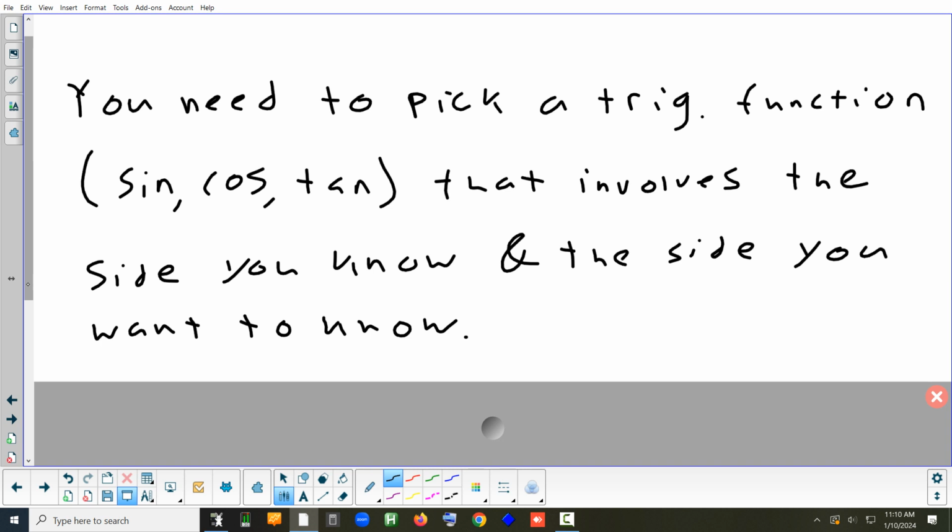If you know the opposite and you're trying to find the hypotenuse, which trig function has opposite and hypotenuse in it? Sine. So the way you figure out which one to use, you look at your diagram and figure out the names of the 2 sides that you're looking at in the problem. But it's always going to be one of those 3.